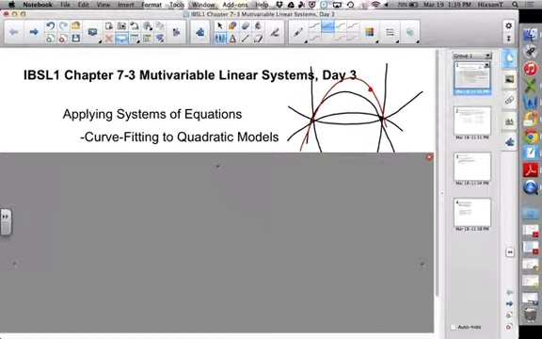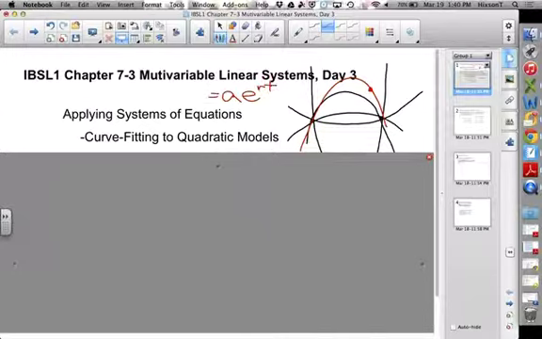Let's say you're tracking a population growth, and you know populations grow exponentially. Well, exponential functions are a b to the x equals y. You have 2 different variables, so if you get 2 points there, you could find the model that would show your growth. If it was a continuous growth one, you would have a e to the rt.